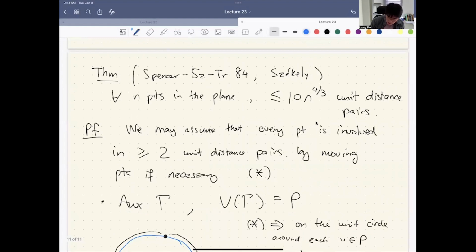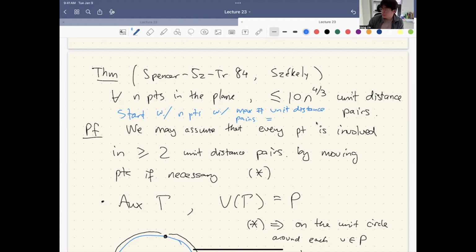I forgot to say. Let's start with n points with maximum number of unit distance pairs. And let's assume the maximum number of unit distance pairs is m.